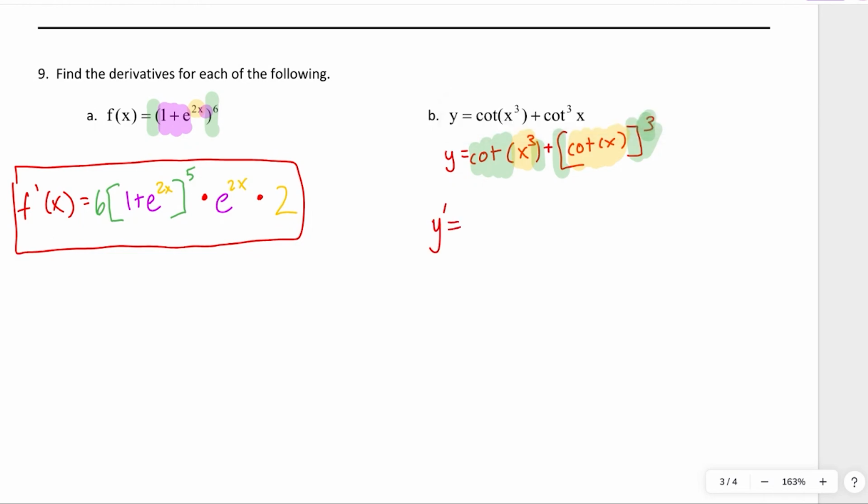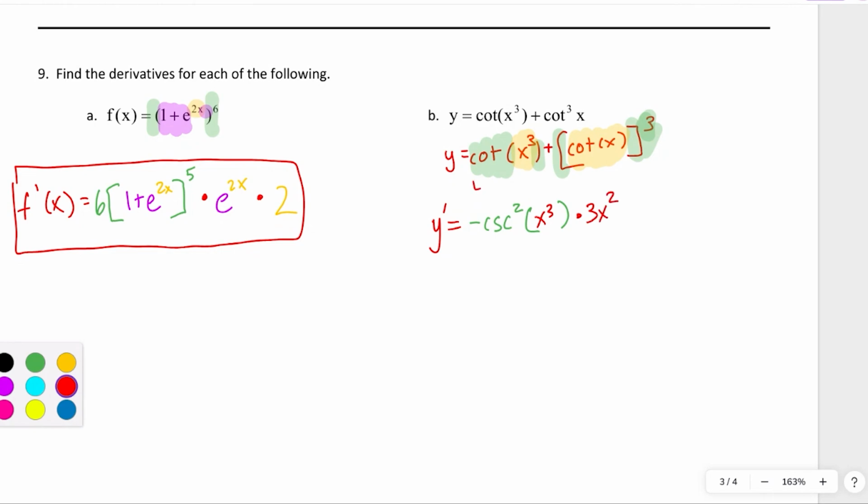Y prime is going to be equal to the derivative of cotangent, which is negative cosecant squared of x cubed times the derivative of x cubed, so 3x squared.